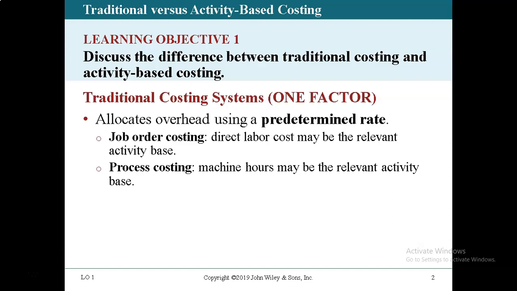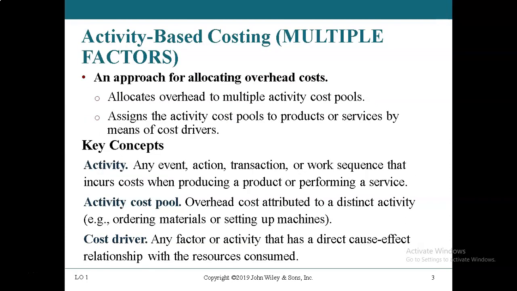Traditional costing means that you only use one factor. That factor is called a predetermined overhead rate, or a predetermined rate. So if we're trying to figure out how much overhead cost we have, and we use a costing system, we're going to be using just one factor. Activity-based costing uses multiple factors, meaning more than one.